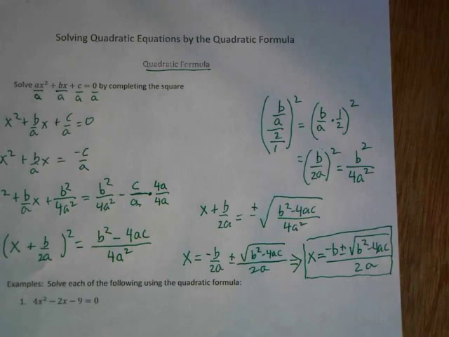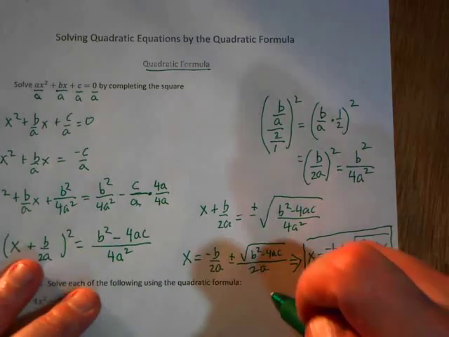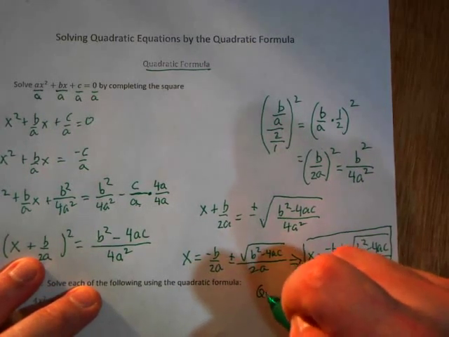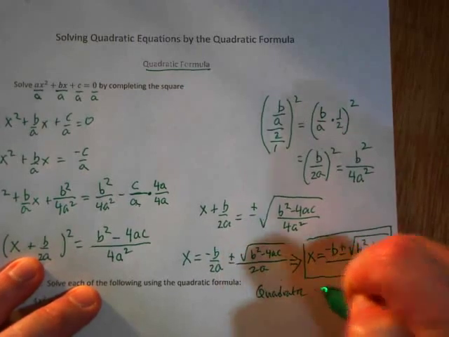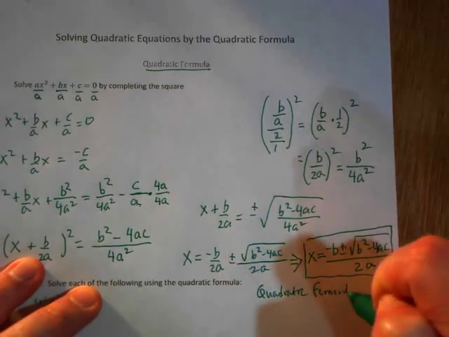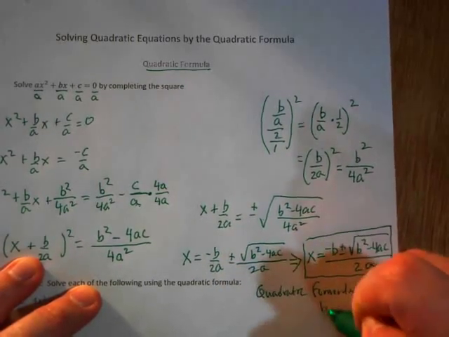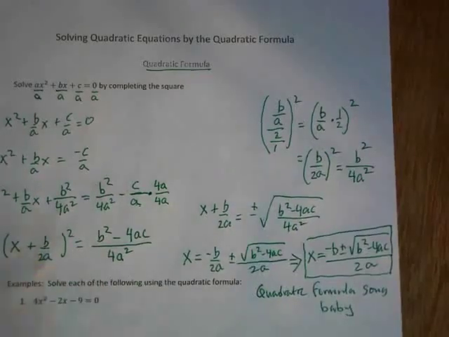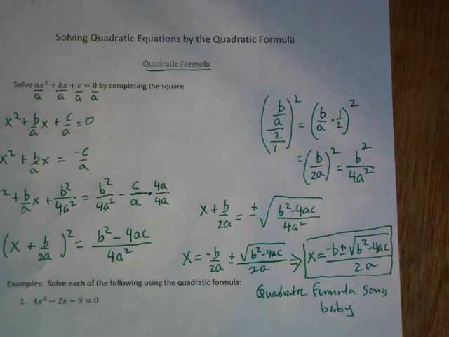Here's an idea. I've seen this work for students in the past. Go to Google and search for quadratic formula song baby, and there's this really obnoxious YouTube video with a song, and it happens to have a baby in it, and it sings the quadratic formula over and over again.